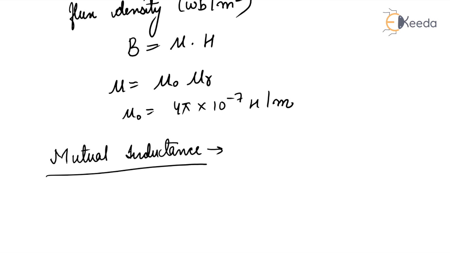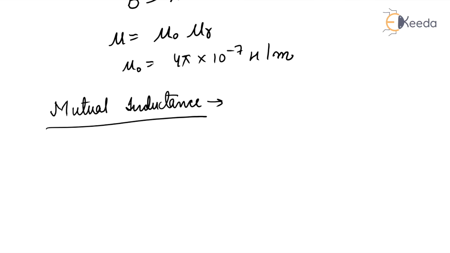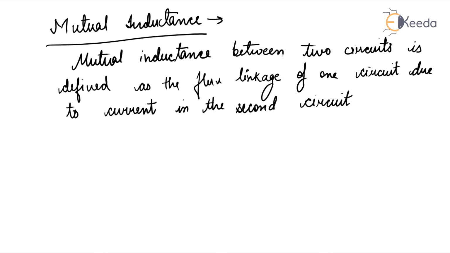And this mutual inductance is also given in Henrys, which is the unit of inductance, to honor the scientist Henry. And we know that M12 is equal to lambda 12 upon I2 Henry.